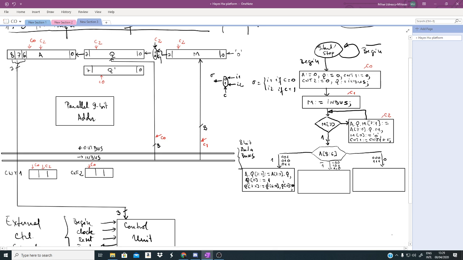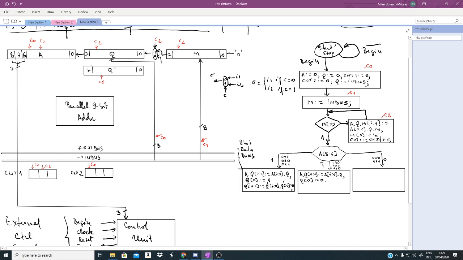Okay. So I write the same thing. A concatenated with Q from 7 to 1 is A from 7 down to 0 concatenated with Q. In Q of 0, in this case, I'll put 0.